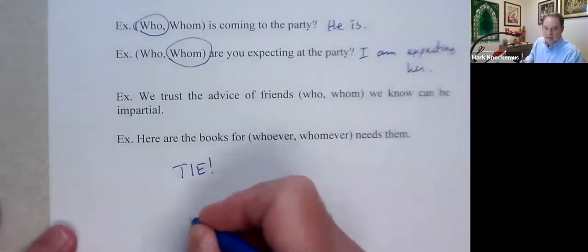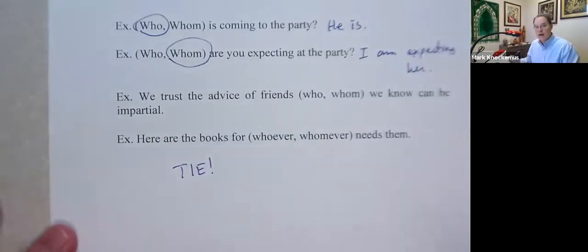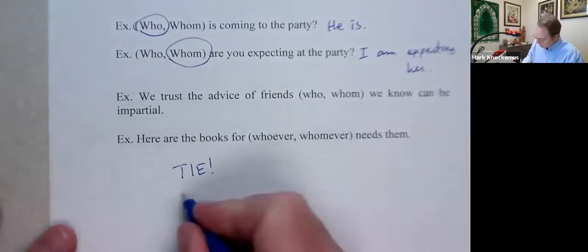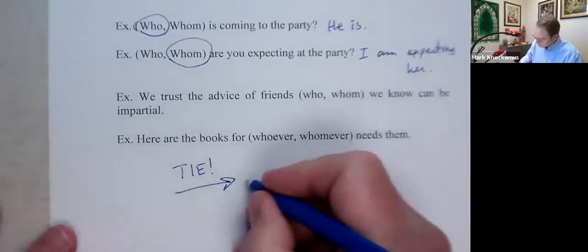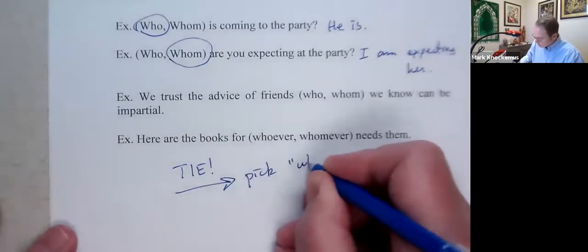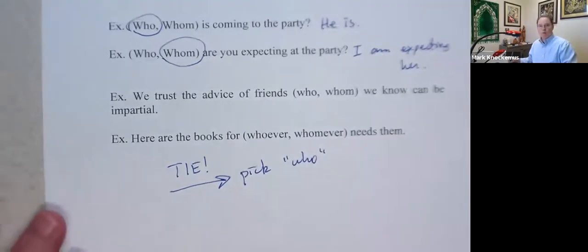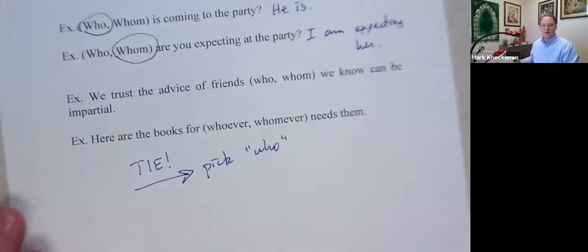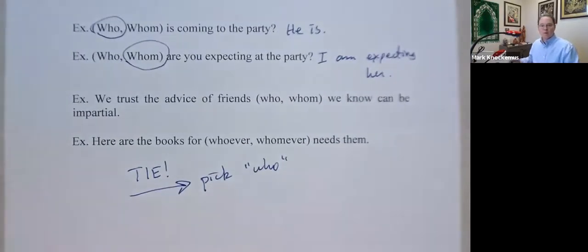Now, sometimes we can have a legal tie. And when this happens, we must pick who. We trust the advice of friends, blank we know can be impartial, right? They can be impartial. We trust them.